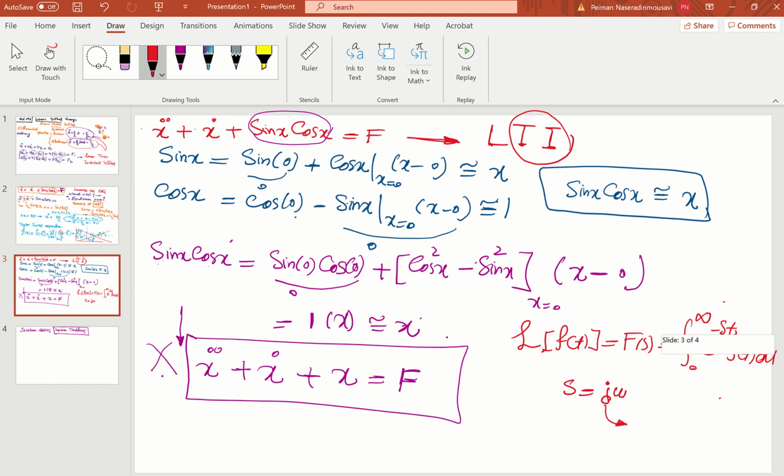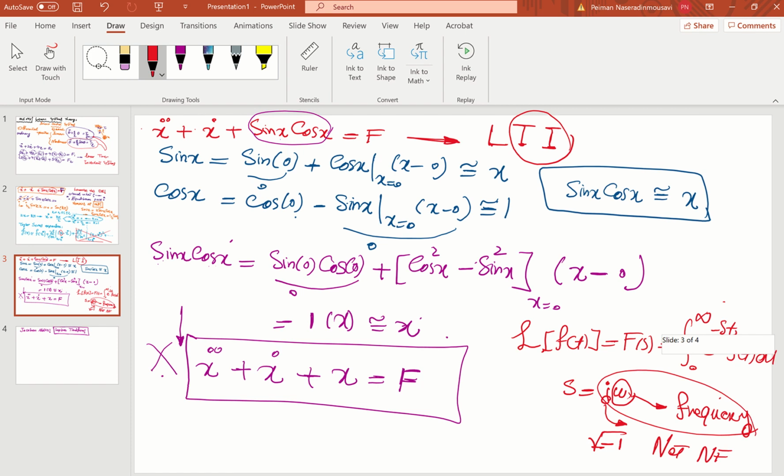J is the complex number, square root of -1, and this is the frequency, not natural frequency. This is excitation frequency, as you have seen in the Bode plot in undergraduate control and these kinds of things.